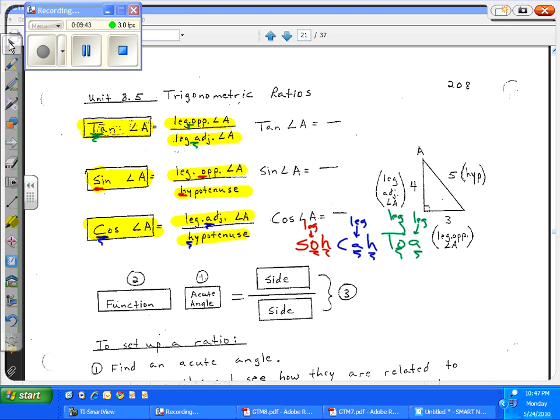Because people just memorize adjacent to A. The hypotenuse is adjacent to A. Adjacent is not just adjacent. Adjacent is leg adjacent. Okay? So if you use acronyms, don't be sloppy with your acronyms to the point that you make mistakes because you really don't understand what they're talking about.